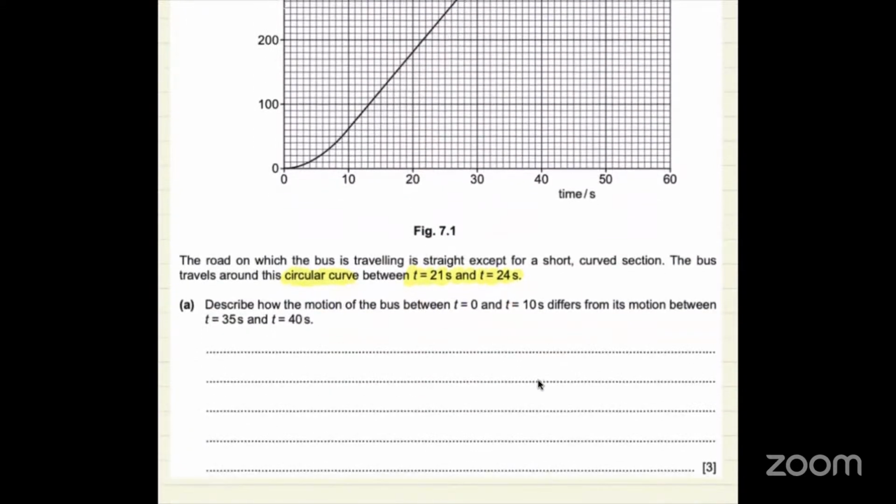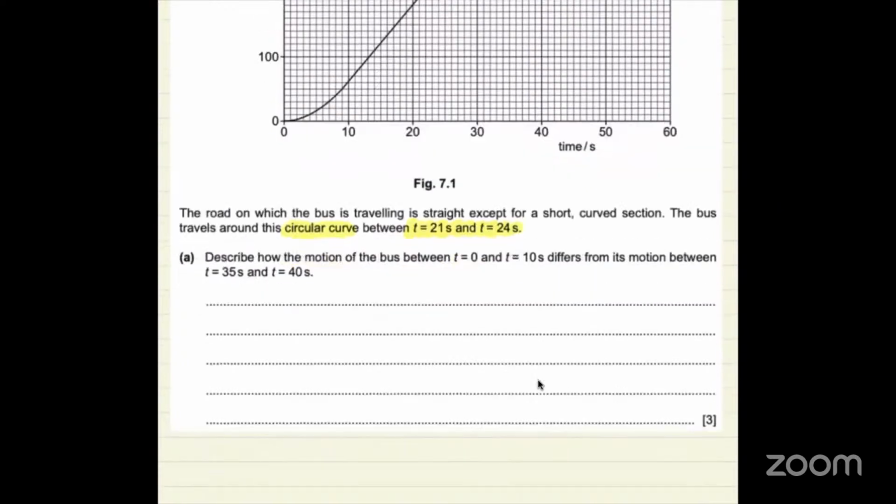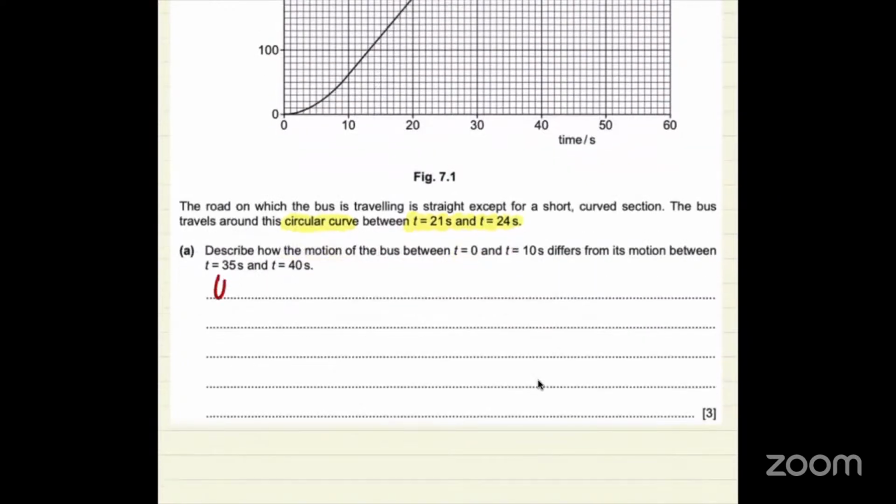Describe how the motion of the bus between 0 and 10 seconds differs from its motion from 35 to 40 seconds. So from 0 to 10, and again, I've done all the groundwork previously, so I don't really need to do anything new. I would just say that from 0 to 10 seconds, the object speeds up.